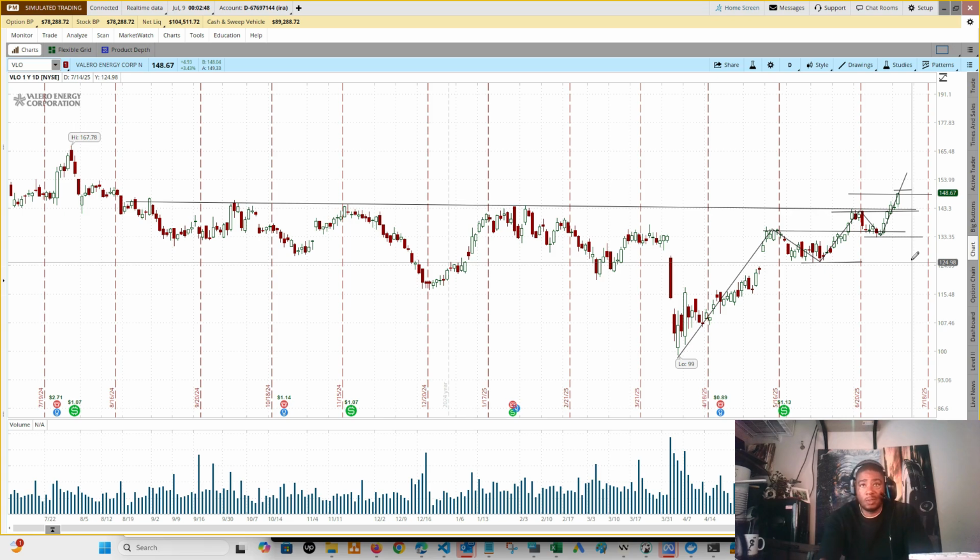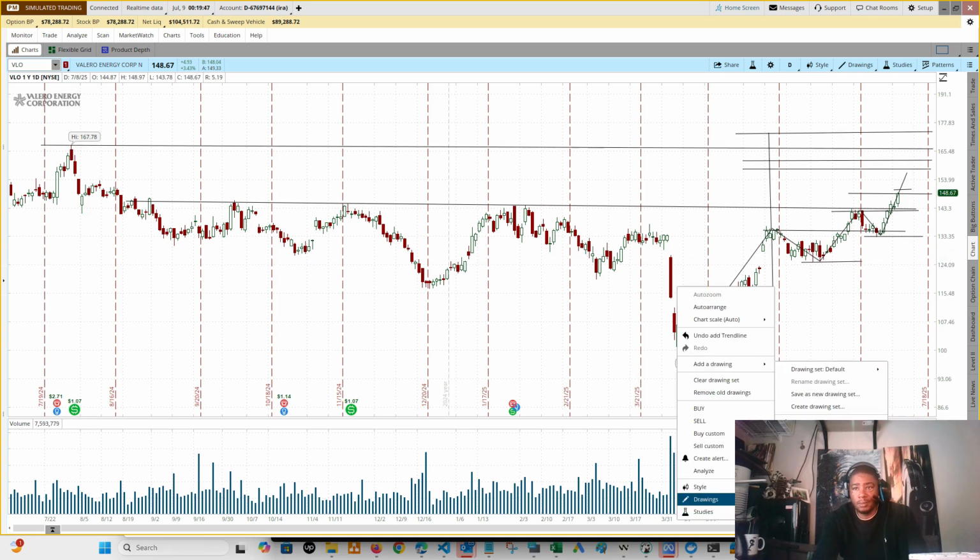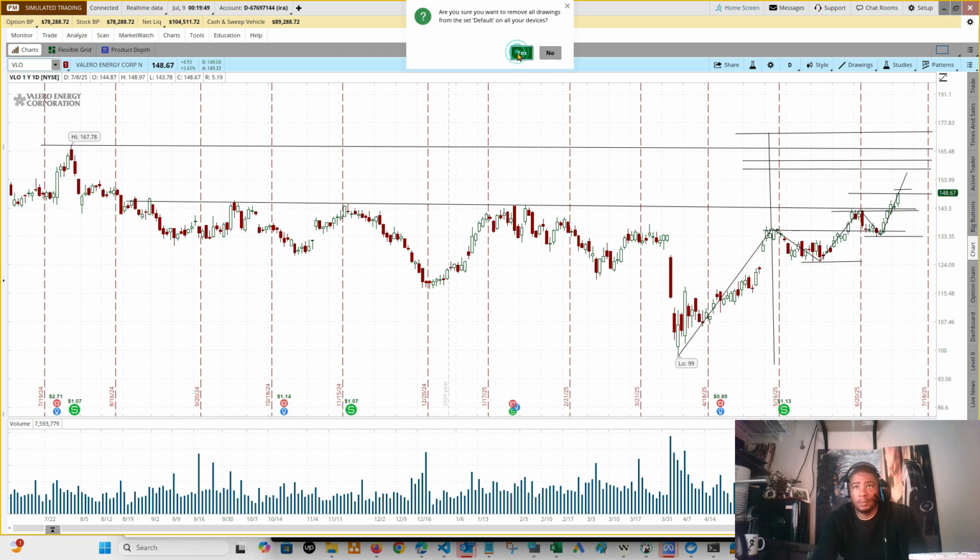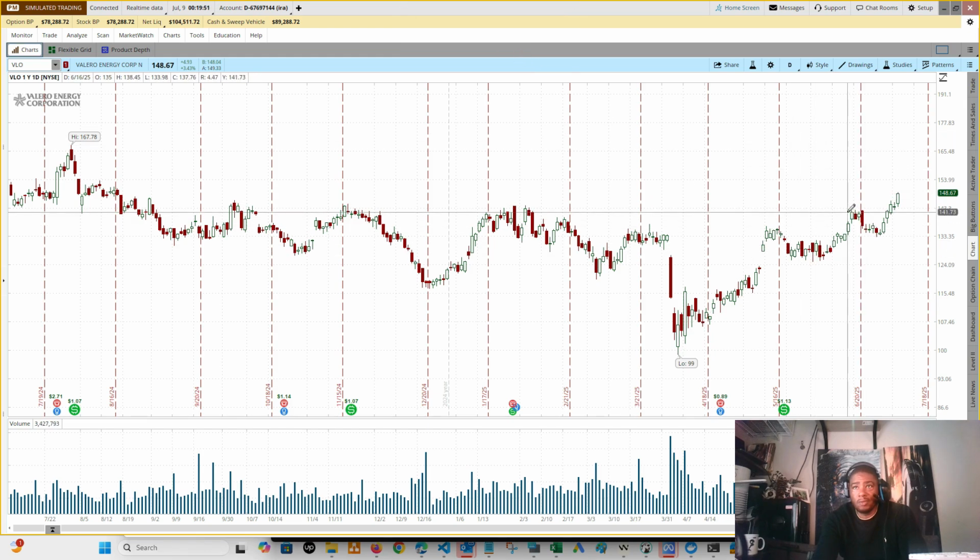What I'm looking for is a break, open and close above resistance, and if it goes back below here, then I'm out of the trade.